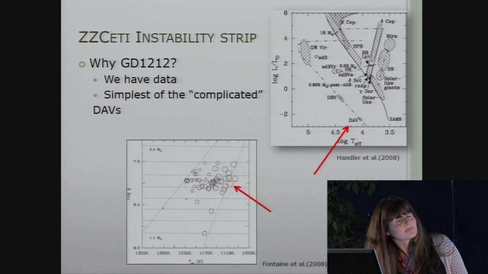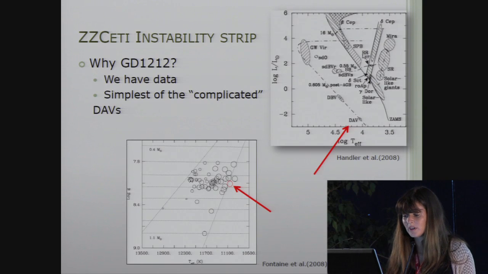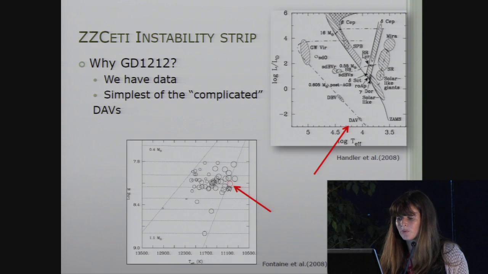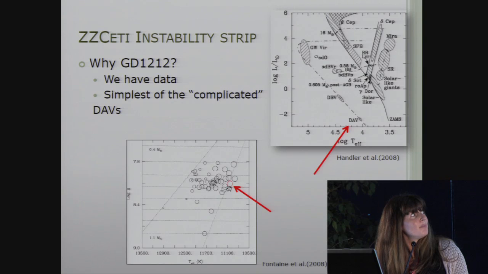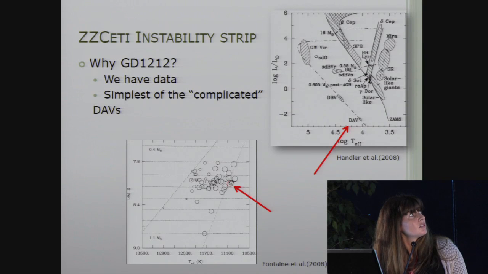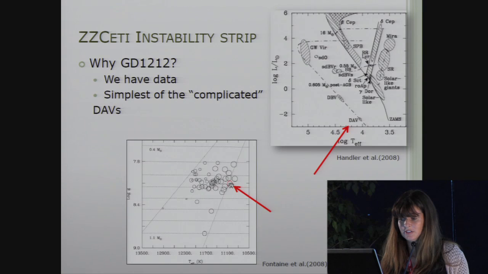But the question is, why GD1212? It's clearly a red edge star. Here the circles are a representation of the average periods of the pulsation spectrum, on a logarithmic scale. And here it's also placed on the red edge because of the spectroscopic determination.